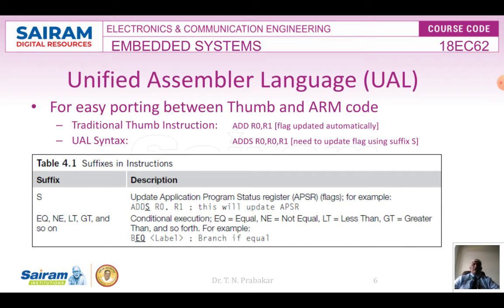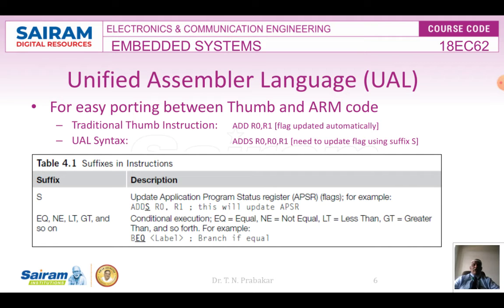So the traditional thumb instruction will be something like this: ADD R0 comma R1. That is the first line here, you can see. And if it is a traditional thumb instruction, the flag will be updated automatically. After every data manipulation instruction, the flag will be automatically updated. This is the normal or traditional thumb instruction. But in the case of UAL syntax, you have to have a suffix S. You can see ADDS R0 comma R1, right?